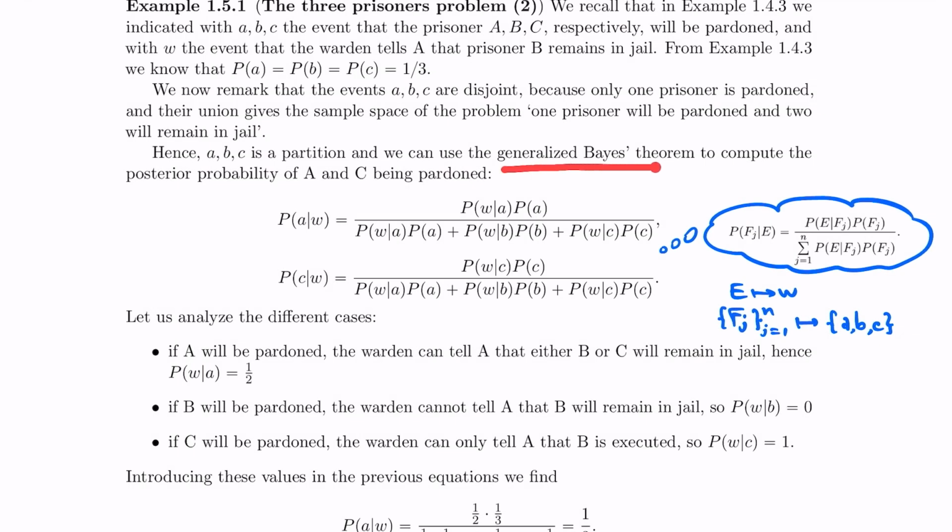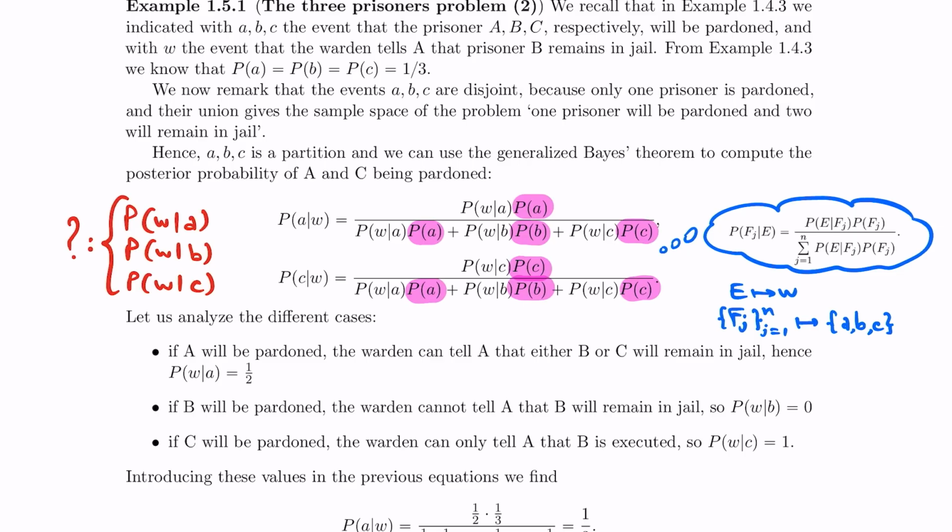Recall that the generalized Bayes theorem is given by this formula, and if you replace E with W and the partition Fj with A, B, and C, you can write these formulas. Now notice that all the probabilities that I have highlighted are known and their value is 1/3.